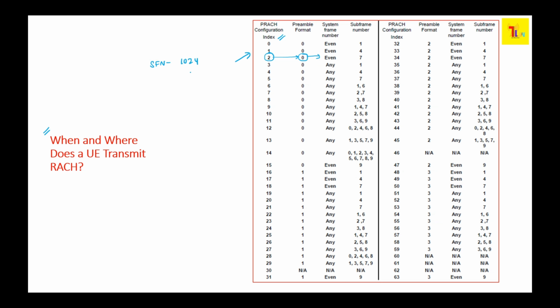There are 1024 system frame numbers, so it can go with 2, 4, 6, 8, and so on.